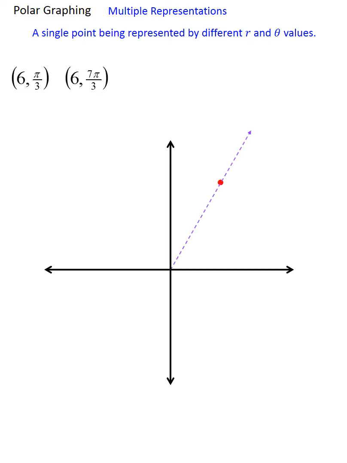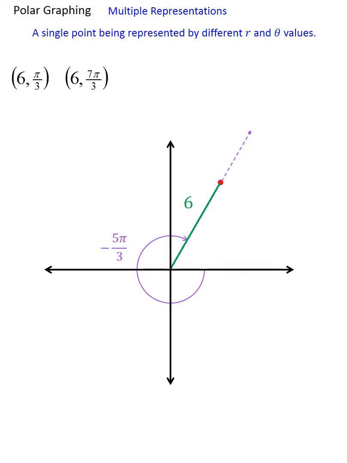What if we were to represent this angle in a different way, other than pi over 3 or 7 pi over 3, by going clockwise? You'll recall that clockwise angles are negative angles. And if we work out the math in reverse, it turns out to be negative 300 degrees, also known as negative 5 pi over 3.